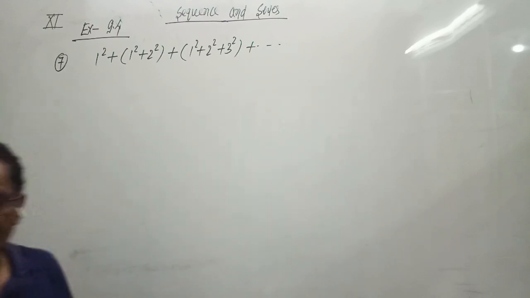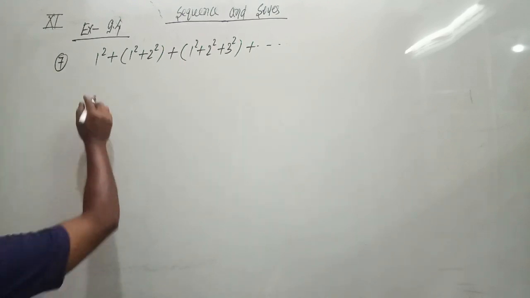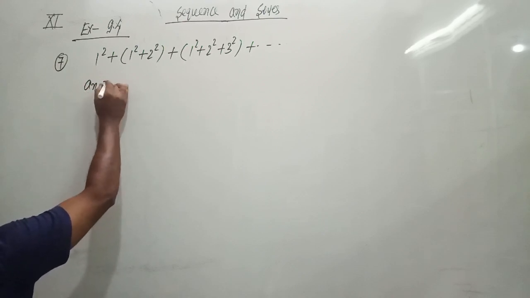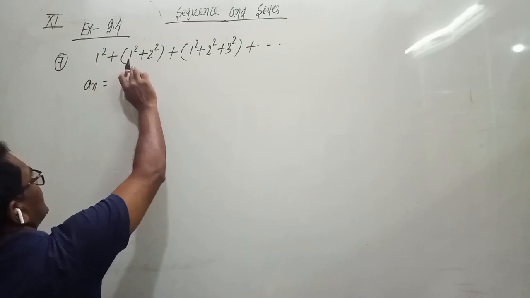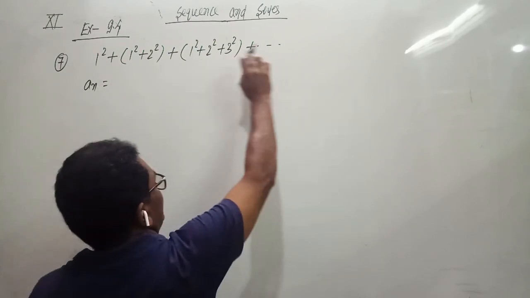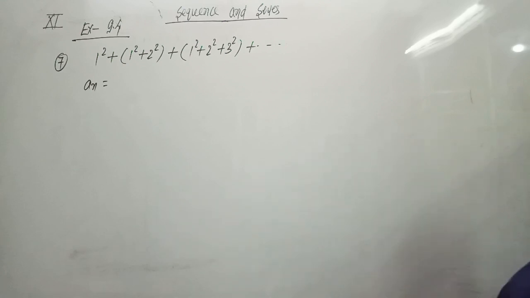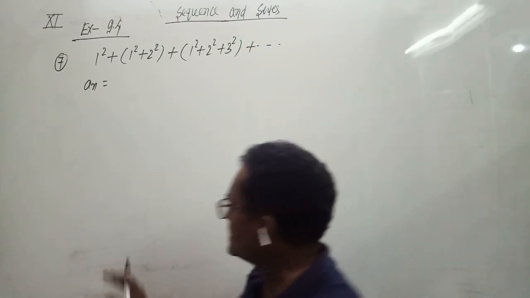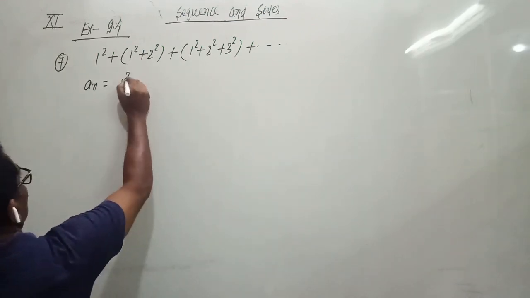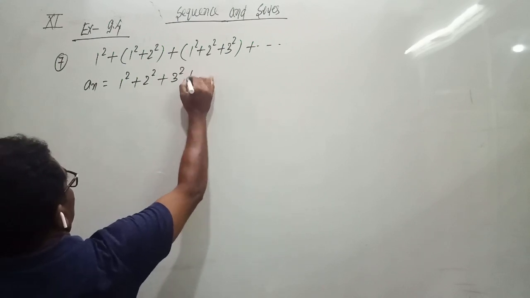So the nth term is an equals to 1 square. This is 1 square, 1 square plus 2 square, 1 square plus 2 square plus 3 square. Next series will be 1 square plus 2 square plus 3 square plus 4 square, and the last will be 1 square plus 2 square plus 3 square plus up to n square.